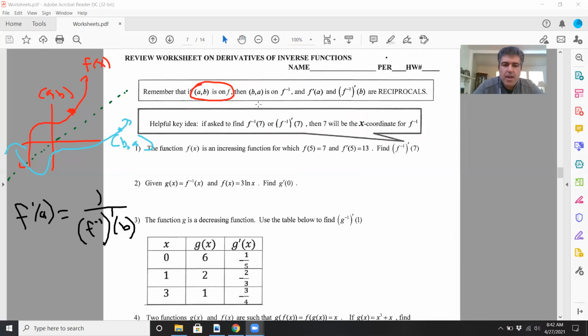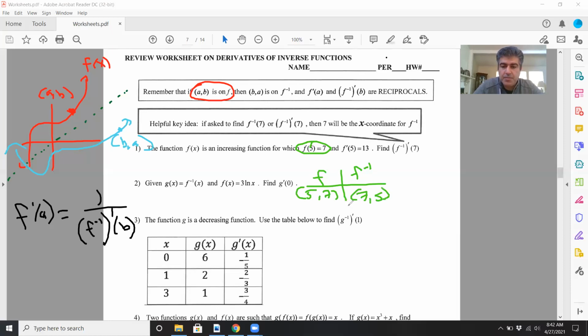I'm not sure why it has to be an increasing function; I don't think that's really relevant. But what does matter is knowing this. I like to make a quick table for f and f inverse. (5, 7) is clearly a point on the original, therefore (7, 5) must be a point on the inverse.